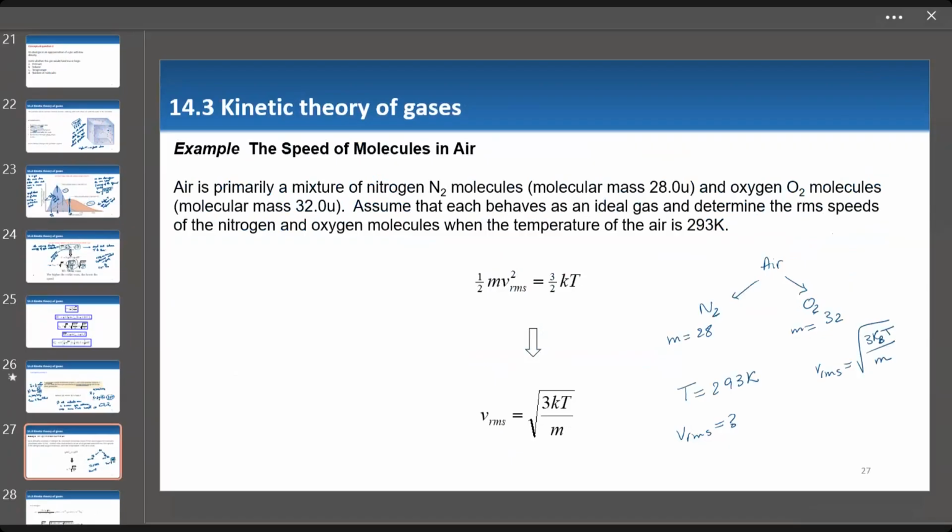Like we said, k is the Boltzmann constant, it's given to us, and the temperature is given, and we have the mass for each of these molecules. So we can just substitute. I'll solve over here. VRMS for nitrogen is going to be the square root of 3 kBT over the mass of the nitrogen molecule, which is the square root of 3 times the Boltzmann constant, which is given to you.